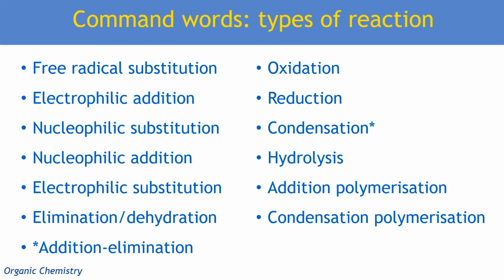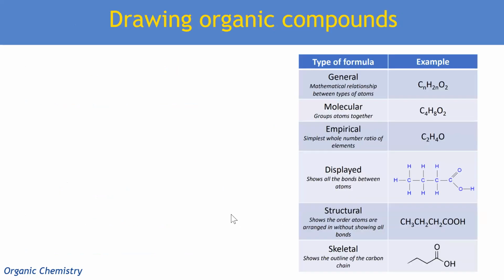Okay, we've talked about words, but often it's not about the words. In organic chemistry, it's about drawing compounds. So it's pretty important to think about where we might go wrong in drawing organic compounds and where we can make our lives a little bit easier. So last time I chose my pen, everything went wrong, but I'll give it a go again.